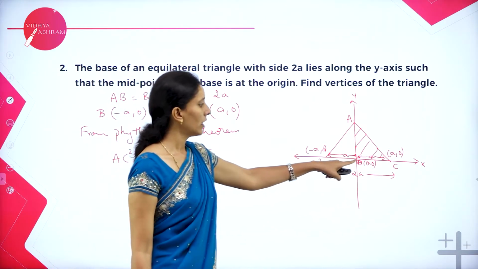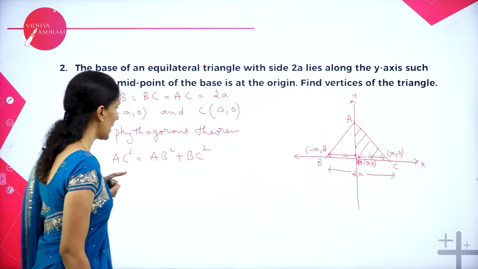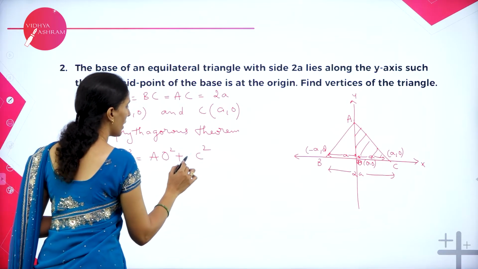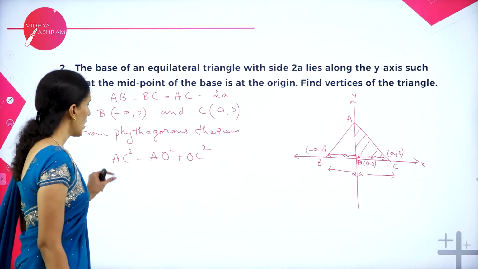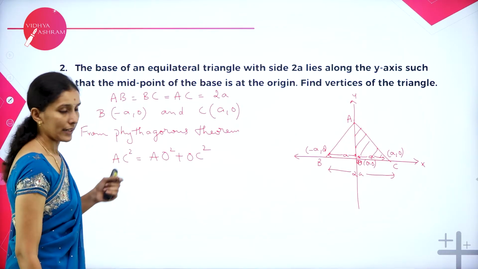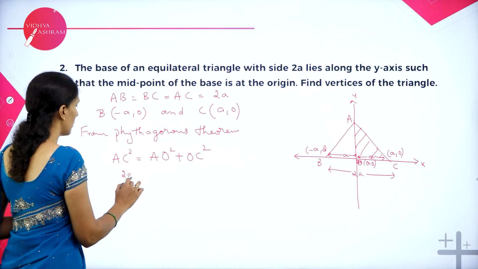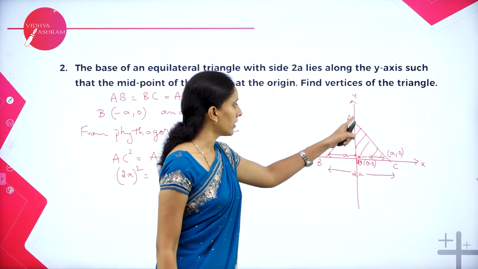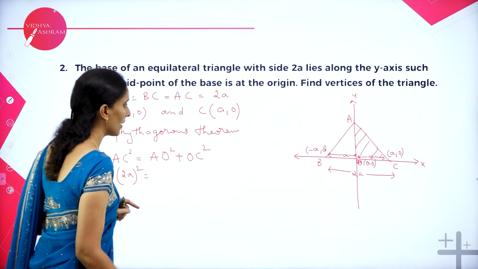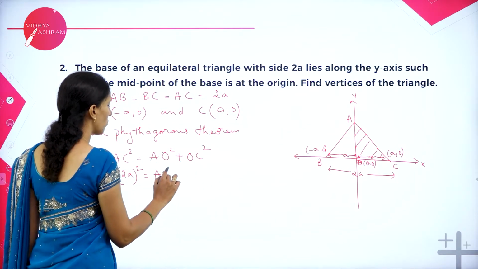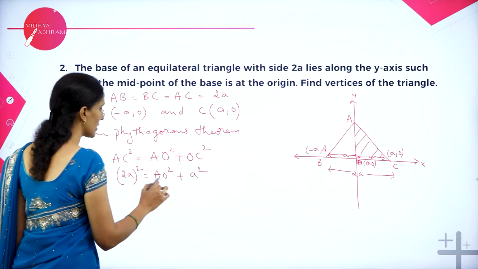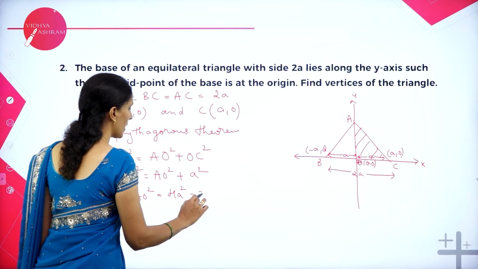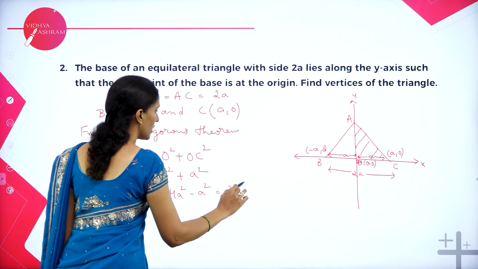But here the second point we have taken as A, so I'll replace B with O. That is AC square is equal to AO square plus OC square. Now I know the distance of AC, that is 2A square. Now OA, this distance I don't know, that I need to calculate. OC I know, that is A square. So AO square is equal to 4A square minus A square, which is equal to 3A square.